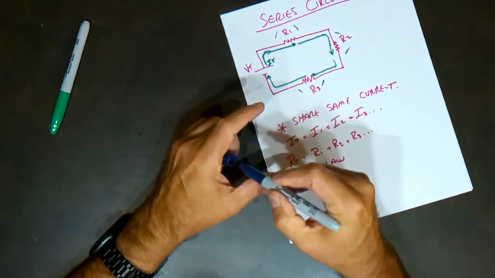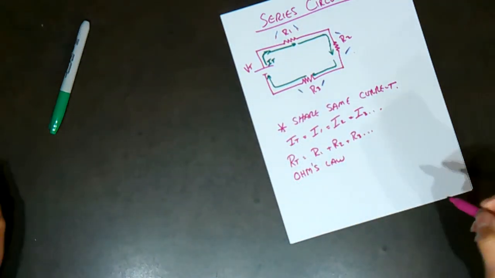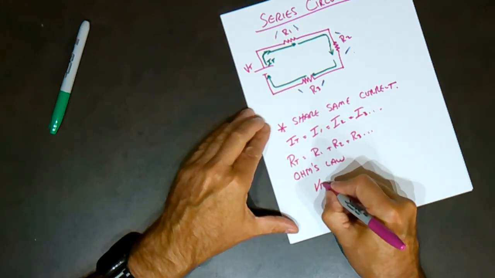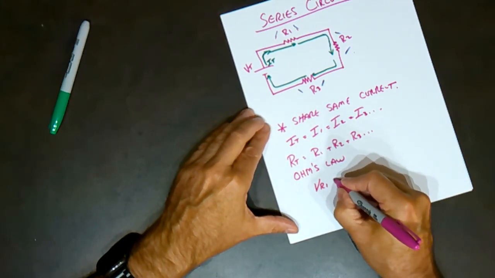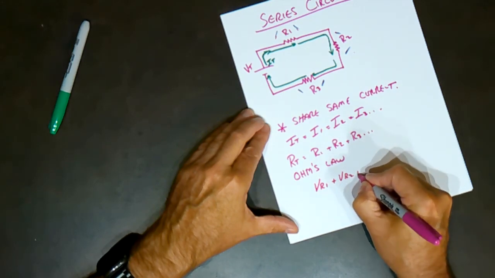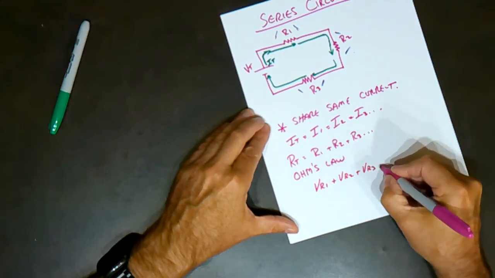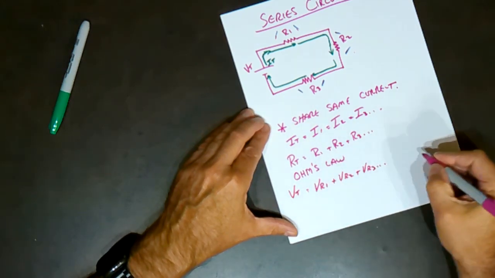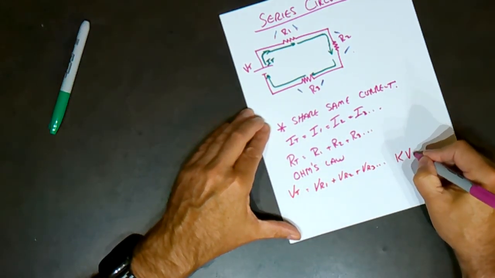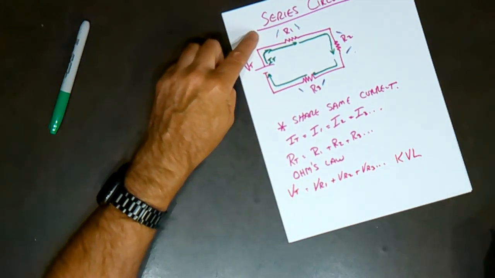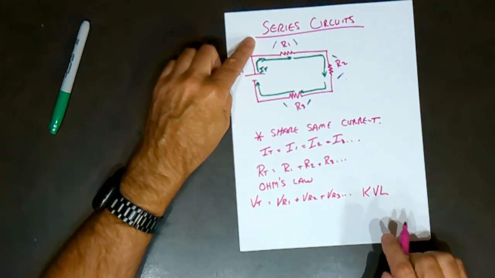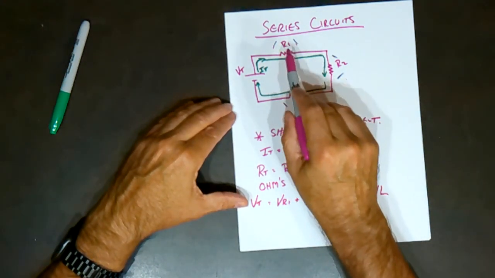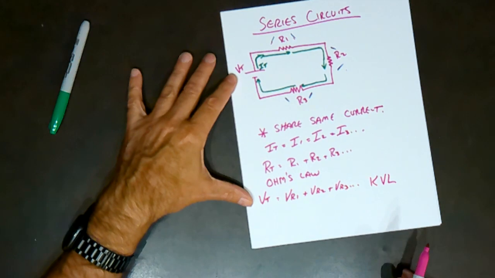So the voltage drop across each resistor. If you add up the voltage across R1 plus the voltage across R2 plus the voltage across R3, etc., you get the total voltage. And that was Kirchhoff's voltage law for series circuits, which states that all of the individual voltage drops add up to the total.